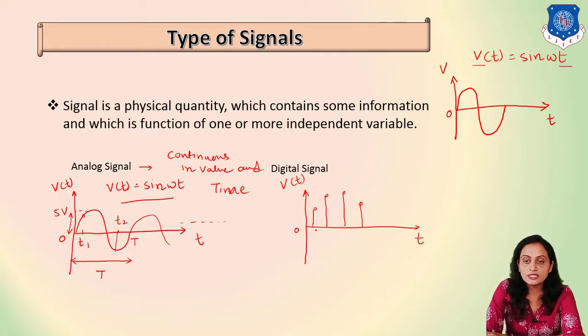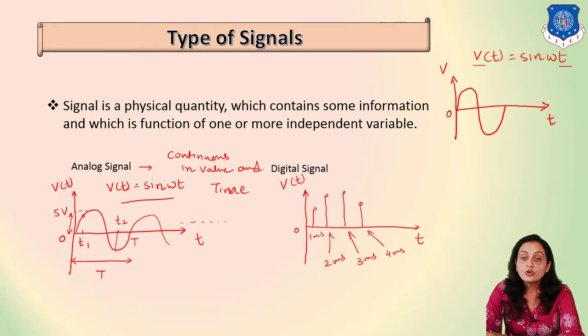Let's say this time is 1 millisecond, this is 2 millisecond, this is for example 3 millisecond, and this is for example 4 millisecond. So this particular voltage signal is discrete in the time domain.